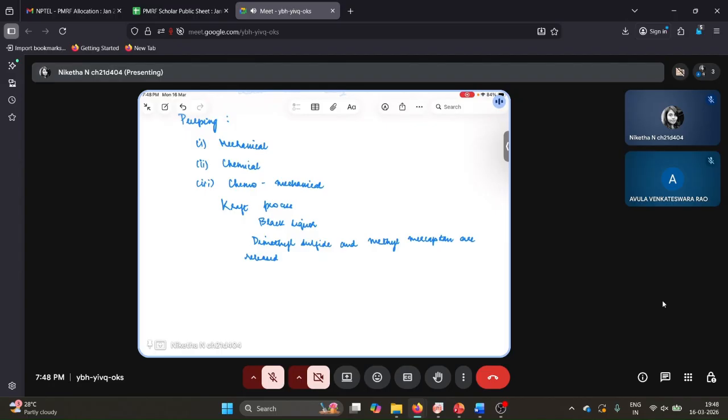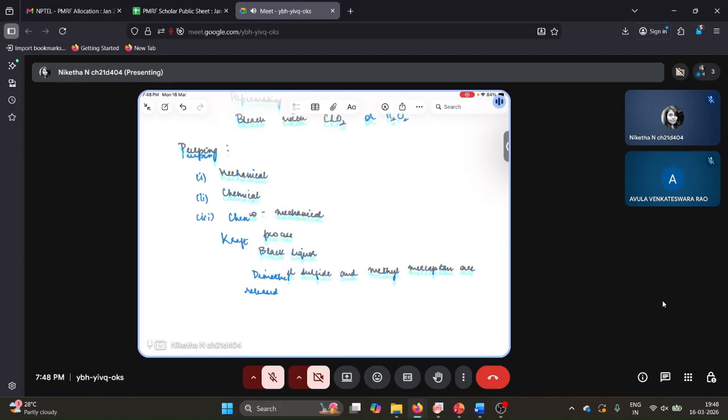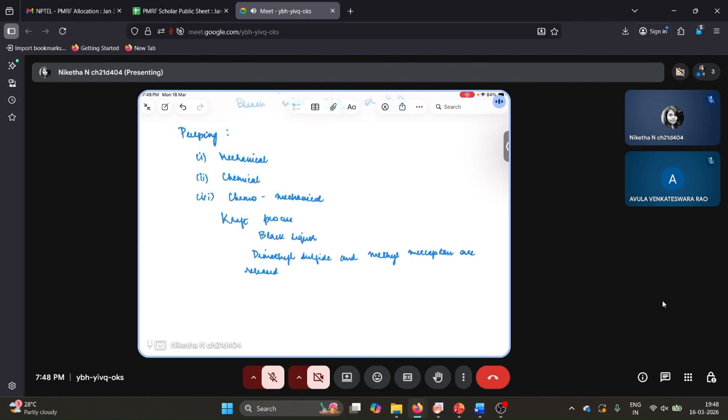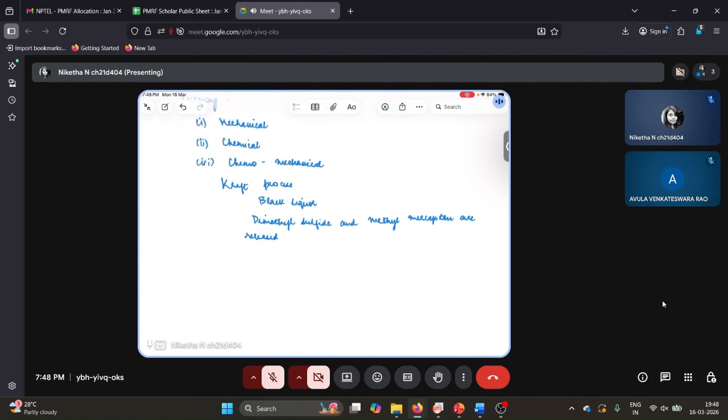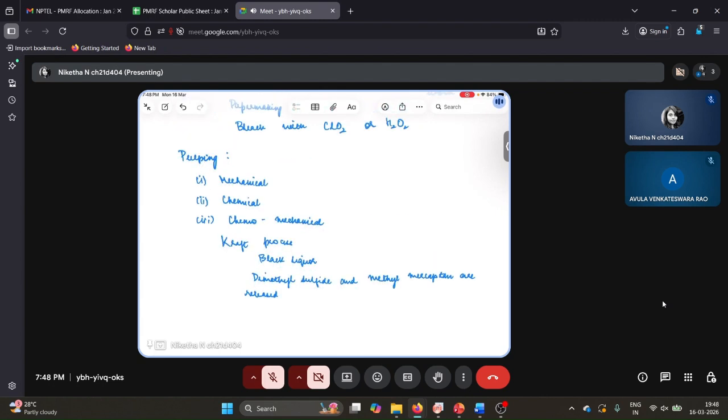Both these substances are hazardous in nature. So that is one drawback of the Kraft process. Once we separate the cellulose, the next step involves washing the fibers. So this is about pulping.